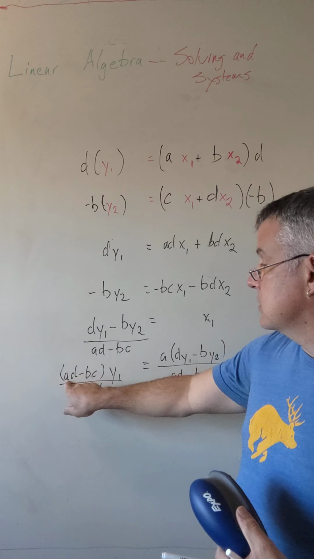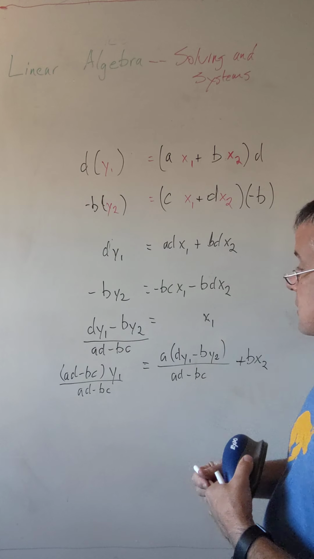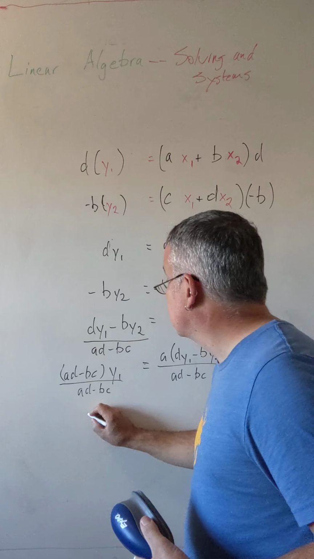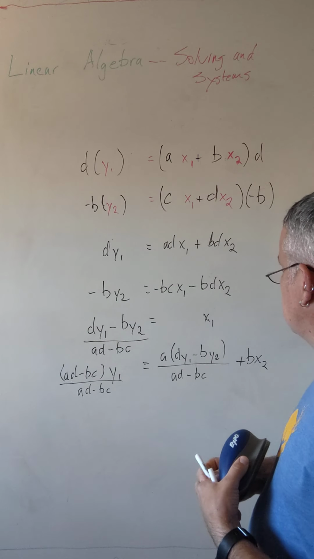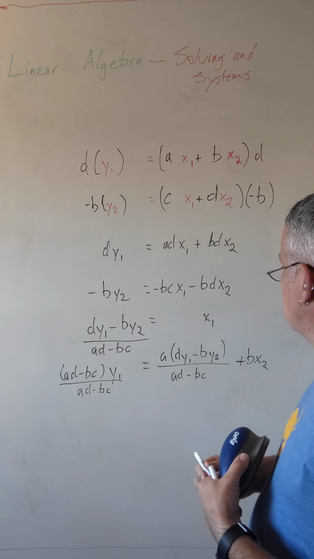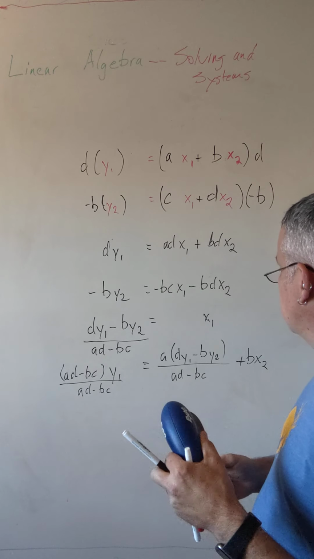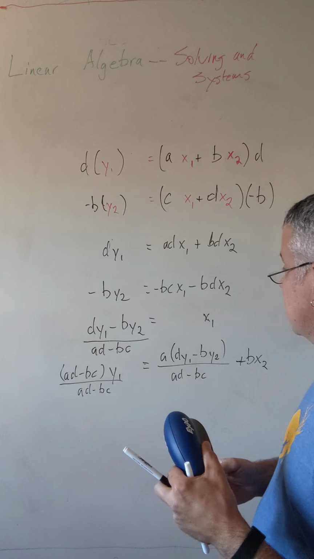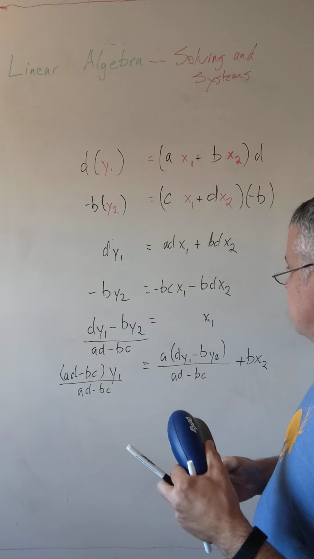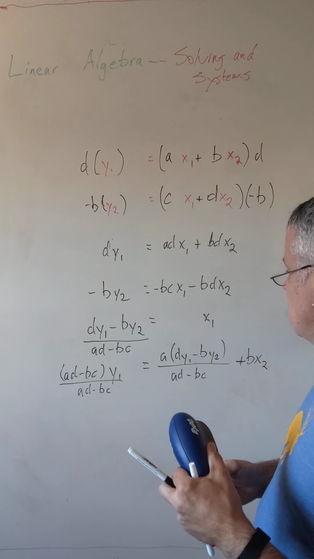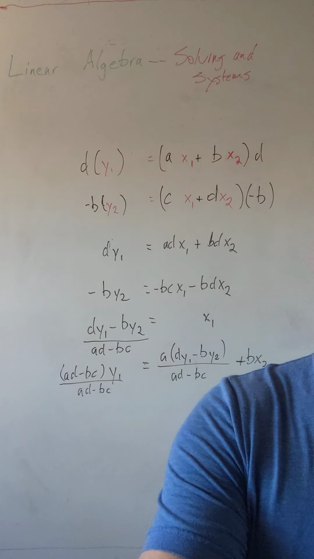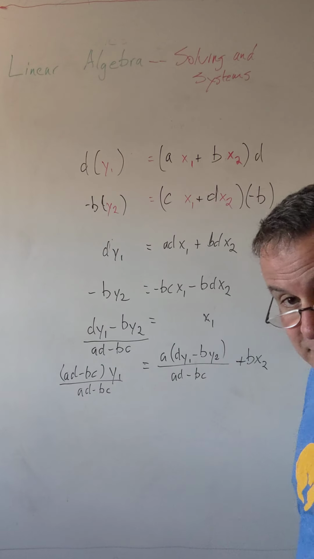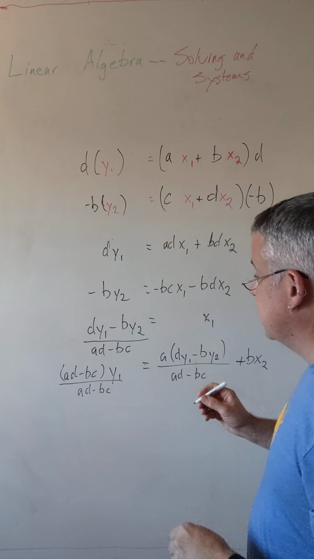The y1 part cancels, the y2 part does not cancel, and slowing down to double check that because I'm thinking that should not have worked. Okay, I almost canceled out something that it shouldn't have, so I'm glad I slowed down to check.